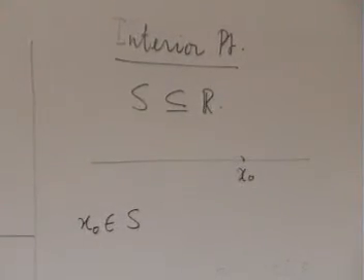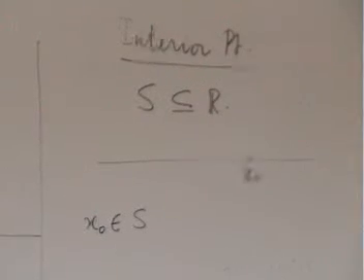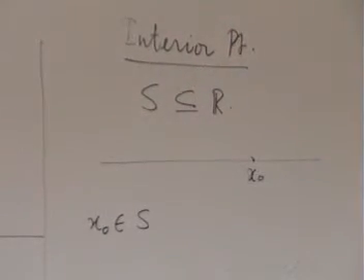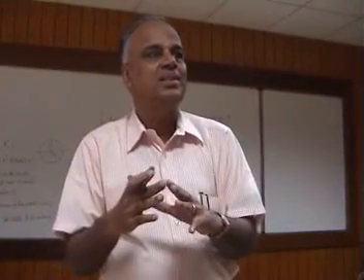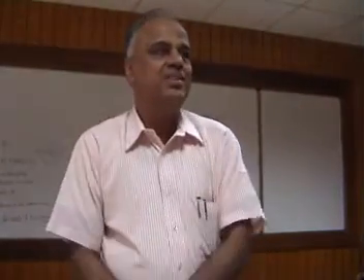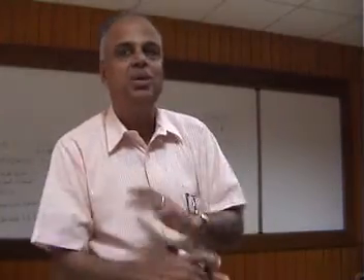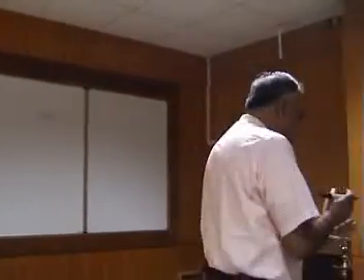And if by chance all the fellows that he can see on the right up to some distance and to the left are all in S, that is, are all his friends, let's say the S elements are friends. So if everybody in his neighborhood is a friend, then that point is called an interior point.